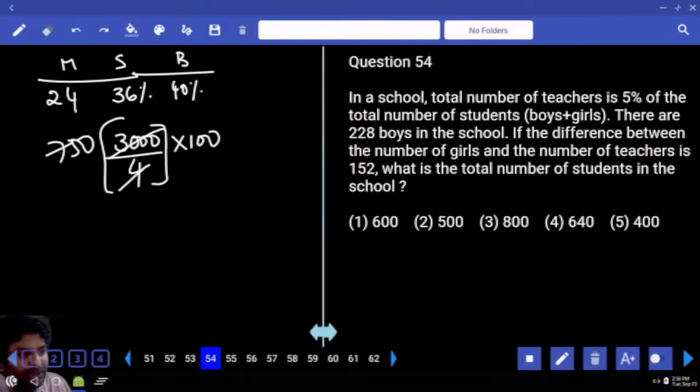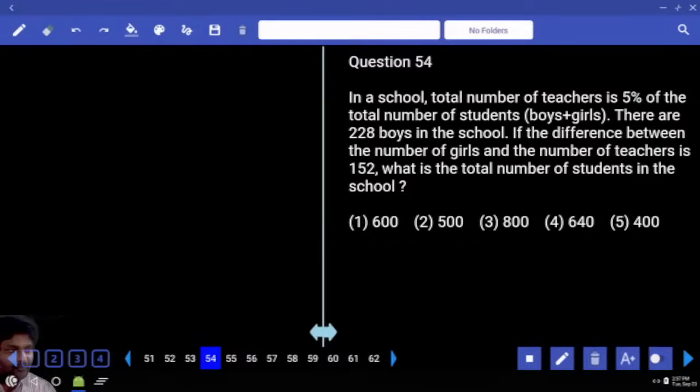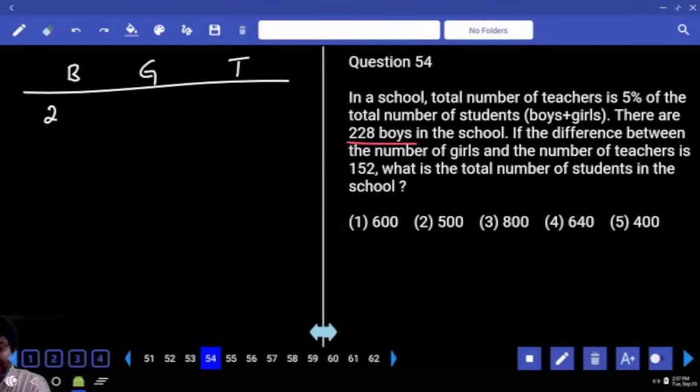In a school, the total number of teachers is 5% of the total number of students. There are 228 boys in the school. The difference between the number of girls and the number of teachers is 152. What is the total number of students in the school? Right. Boys, girls, teachers. Boys are 228.